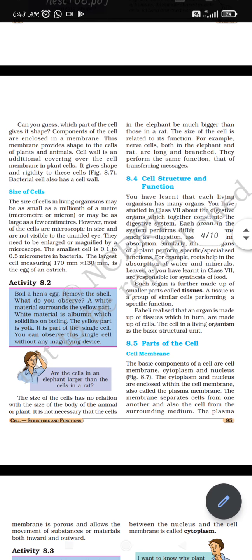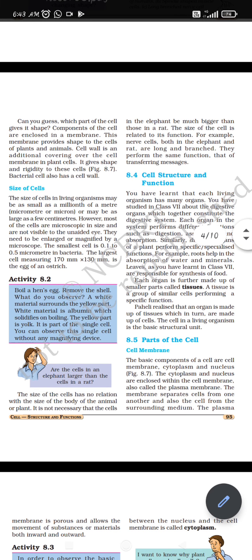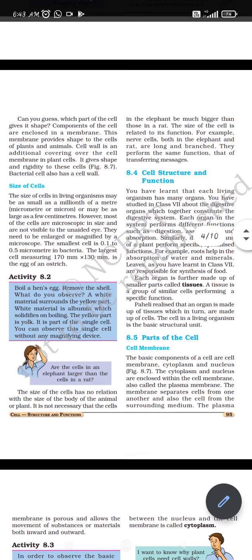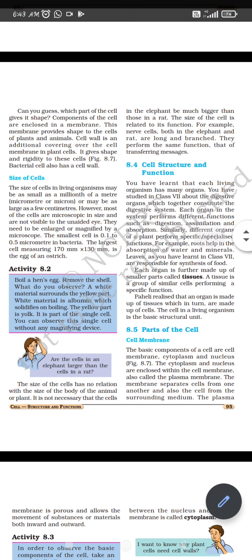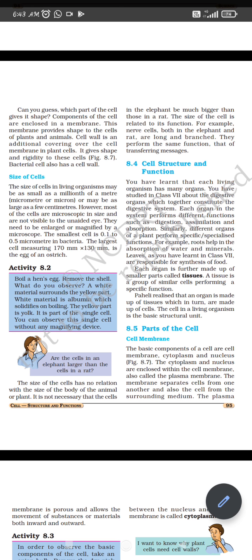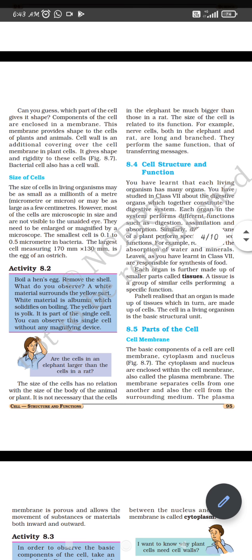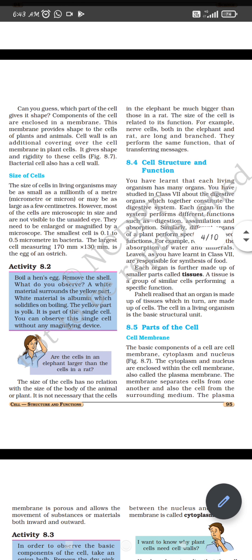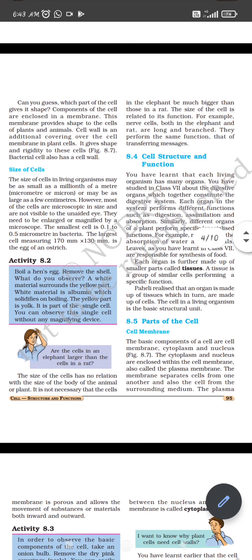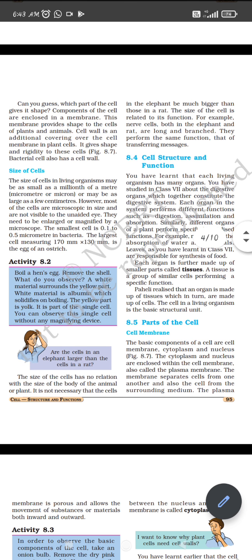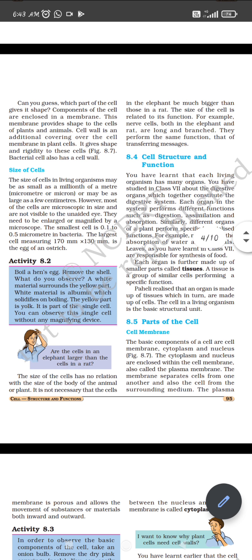So they are in the form of micrometers. That is, about 10 to the power minus 12 times that of a meter. So we can imagine how small these cells are inside our body. To see them, they should be enlarged and magnified by using a microscope. In bacteria, the smallest cell present is of size 0.1 to 0.5 micrometer.